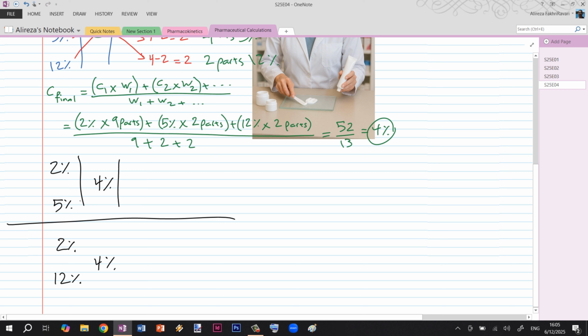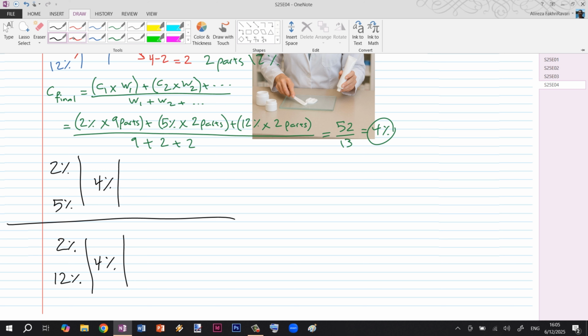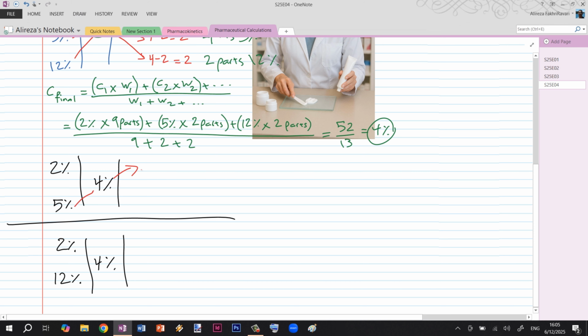If you do each of these separately, you get 5 minus 4 equals 1, and 4 minus 2 is 2. And then on the bottom, 4 minus 2 is 2, and 12 minus 4 is 8.